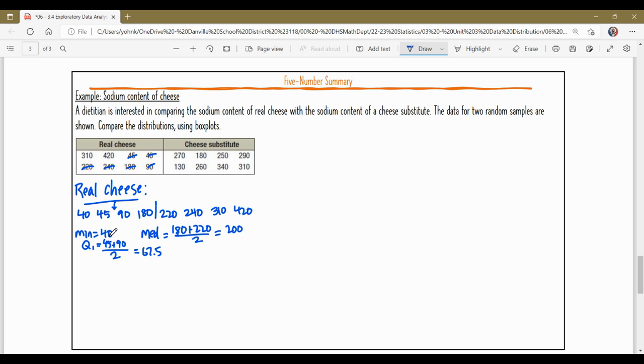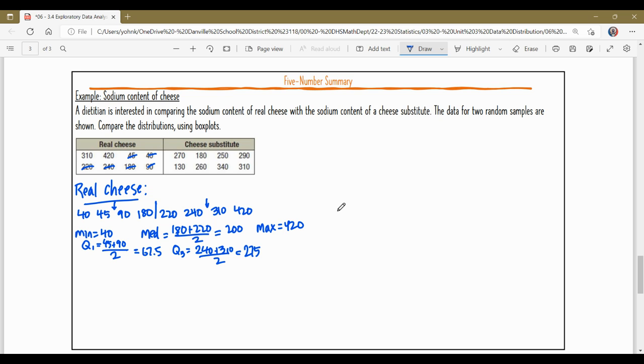So I got my min, my Q1, and my median. Now I need Q3. Q3 is going to be in between 240 and 310. So I need to do 240 plus 310 and divide by 2. That's going to give me a Q3 of 275. And then I need my max. That's 420.